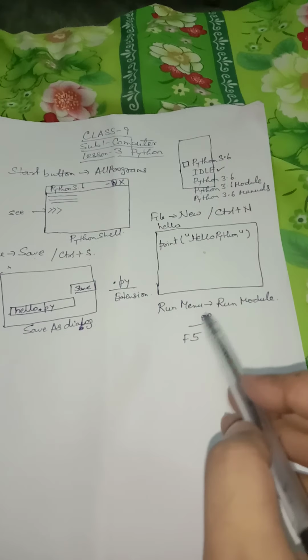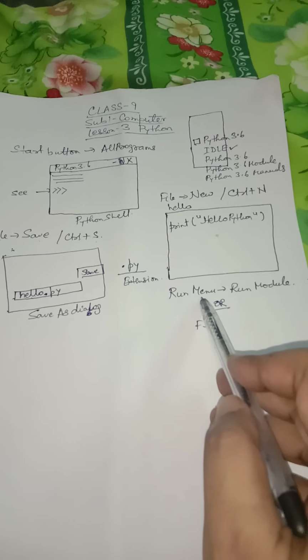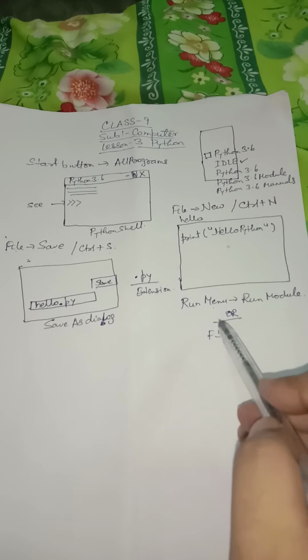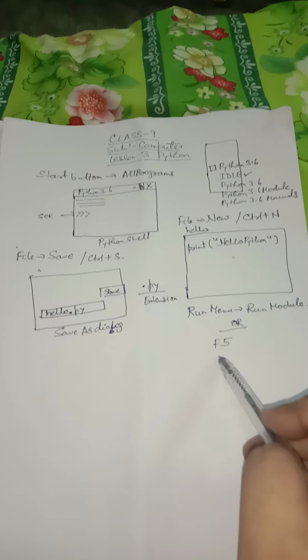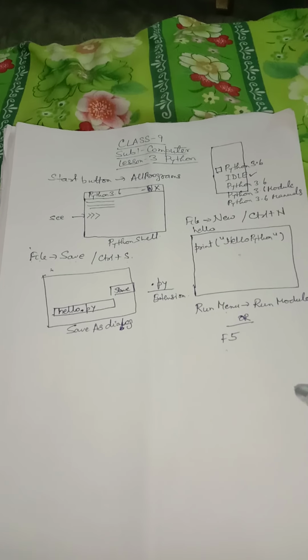There are two ways to run the program: go to the Run menu and click on Run Module, or simply press the F5 key. F5 is a function key that appears at the top of the keyboard.